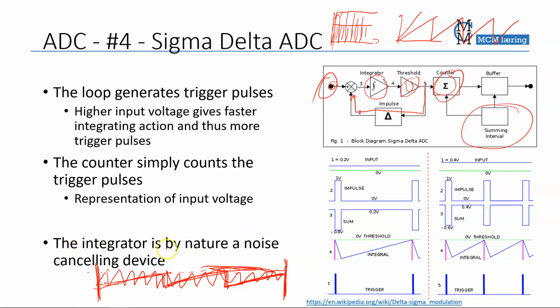The integrator is by nature a noise cancelling device, because if I have some noise on the input side here, well, really it doesn't matter, because you're integrating the area under it, so that would suppress the noise and create a digital value that is not dependent on the noise itself.